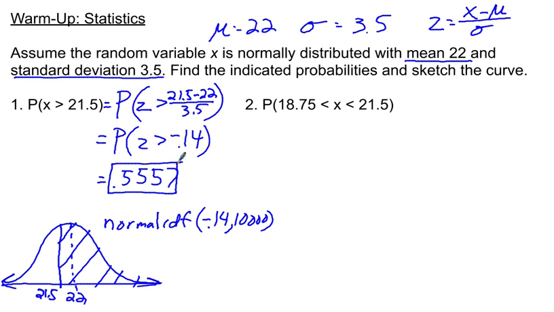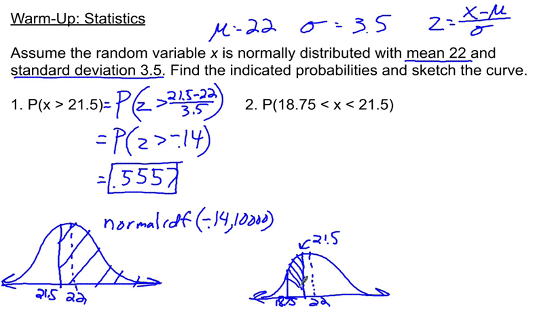Over here on warm-up number 2, if I sketch the normal curve quickly again, the mean is still 22, and we're looking between 18.75 and 21.5. So we're looking at this area, or this probability.